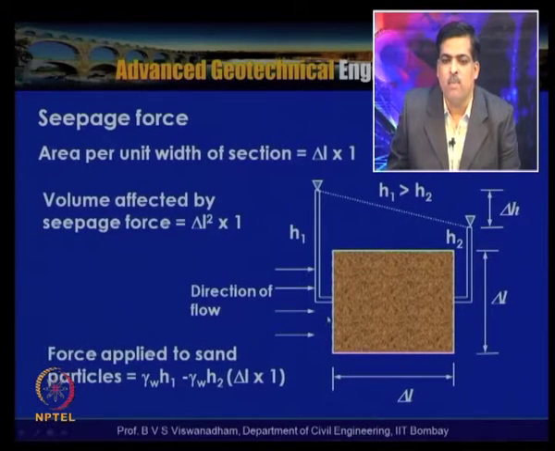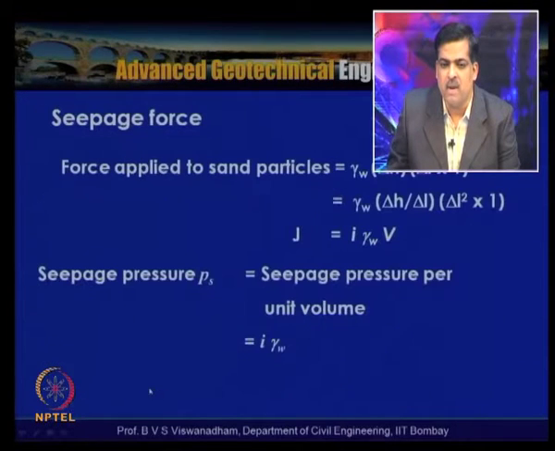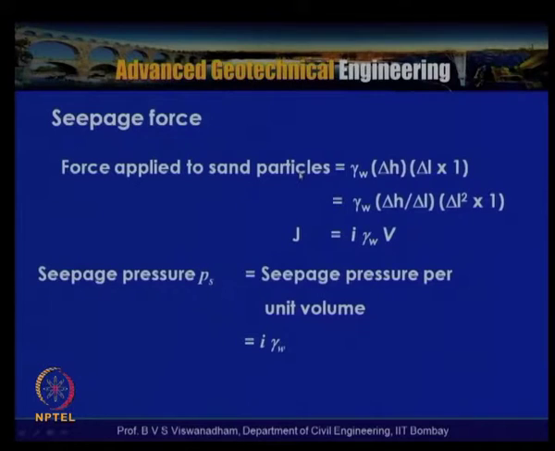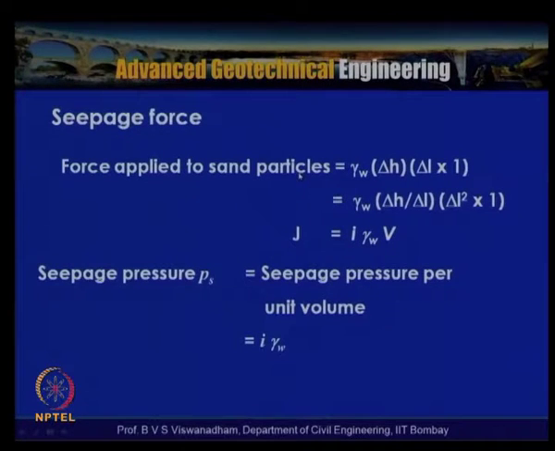The force applied here is gamma W H1 into delta L into 1, and the force applied here is gamma W H2 into delta L into 1. As H1 is greater than H2, it is gamma W H1 minus gamma W H2 in a bracket, into delta L into 1. So the force applied to sand particles is gamma W into delta H into delta L into 1.